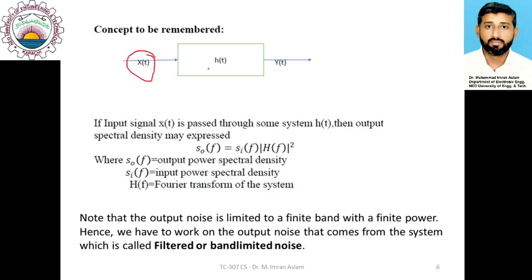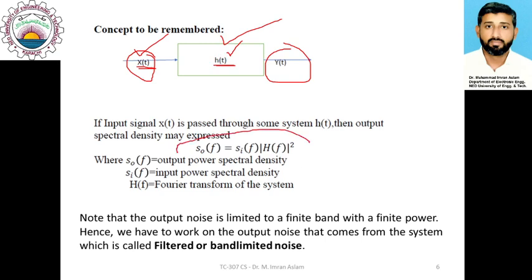whenever a signal passes through any system, the system makes some changes in that output. So this output is dependent on the system and the impulse response of the system. We have previously talked about this, that the output is given as the convolution of input and impulse response. However, here we are talking about the power spectral density.